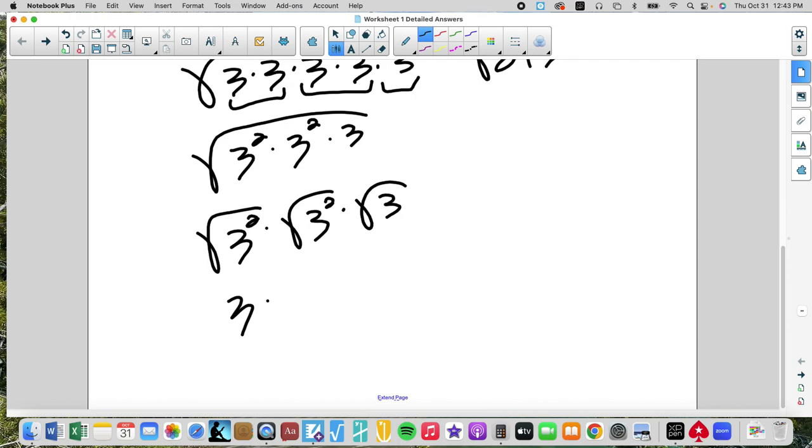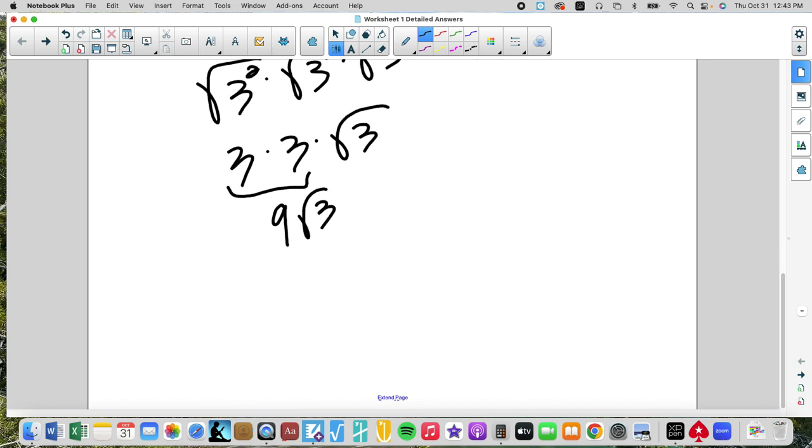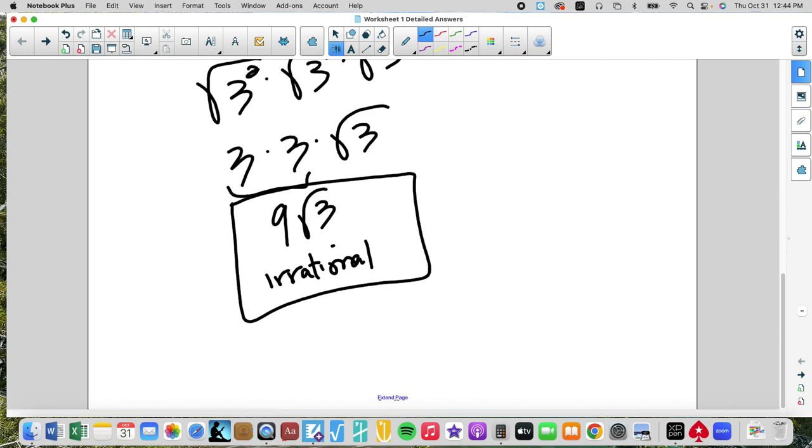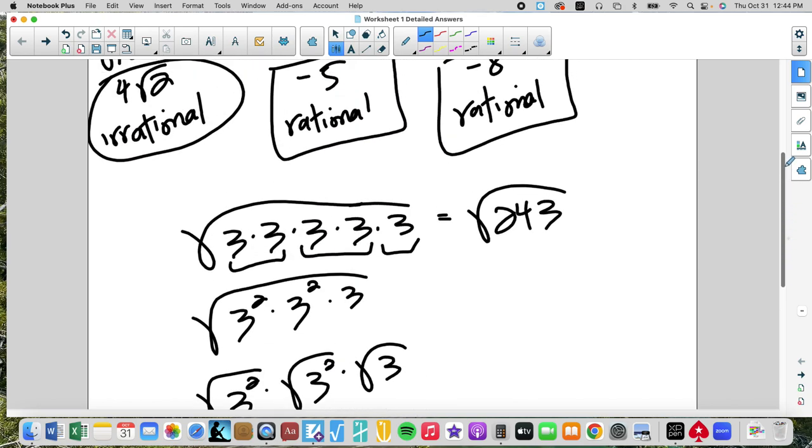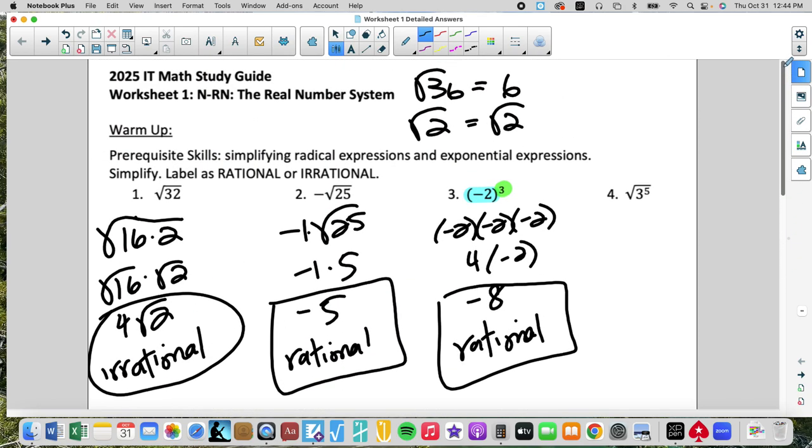A square is going to cancel with the square root, and then we're left with the square root of 3. These are outside, so we can do 3 times 3, which is 9 rad 3. Is it simplified, and that is irrational because the square root of 3 is not a perfect square. So any non-perfect square radicals will be irrational.